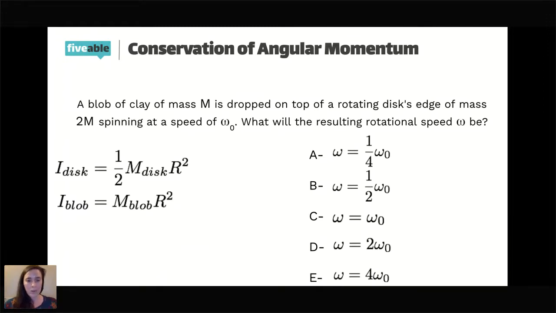We're going to create a poll because I like them. The answers are a quarter omega naught, a half omega naught, omega naught, 2 omega naught, and 4 omega naught.